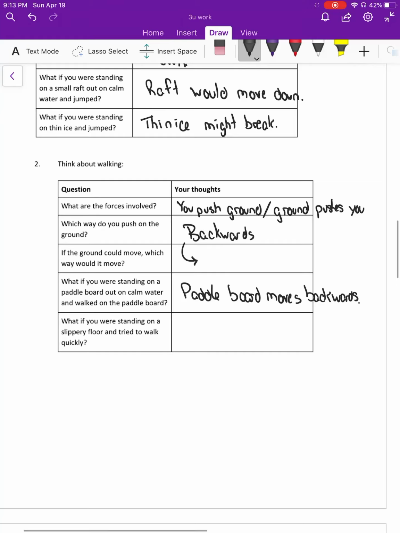If you're on a slippy floor, you may not move forward, but you may just fall. We'll come back to that again when I get you to do some thinking on reaction forces. If you're on a really slippery floor, you may push the floor backward, but it can't push you forward.